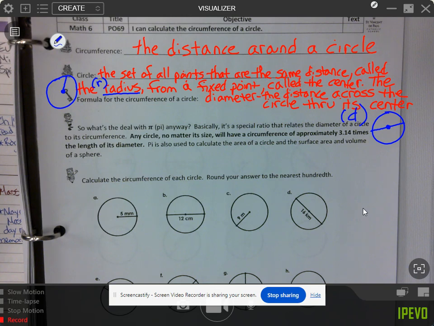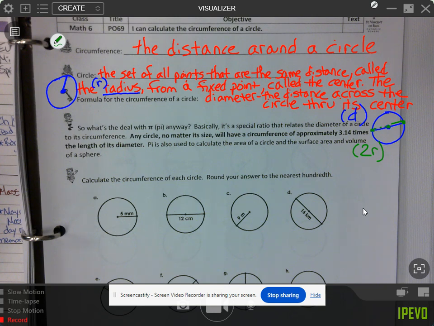Let's look at that. Our radius goes from the center to one side. Look at our diameter. How many radiuses are in a diameter? How many times does it touch the side? It touches the side twice. Once over here, goes through that center, and once over here. So a diameter is 2 times the radius.